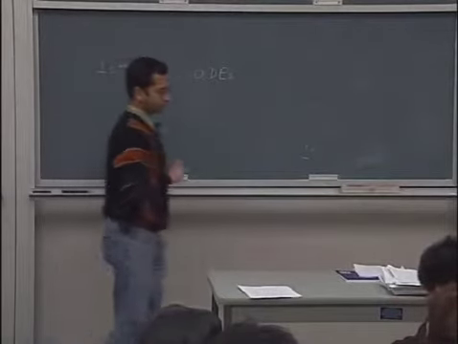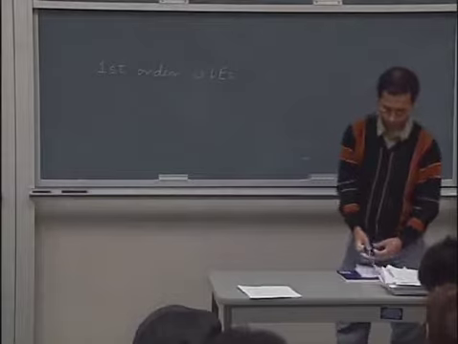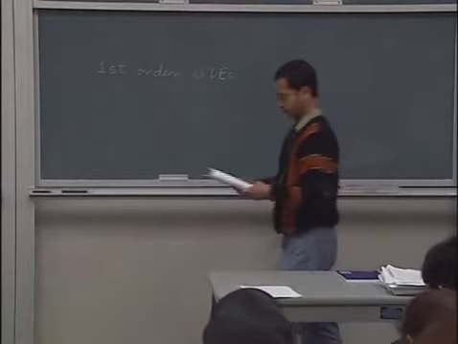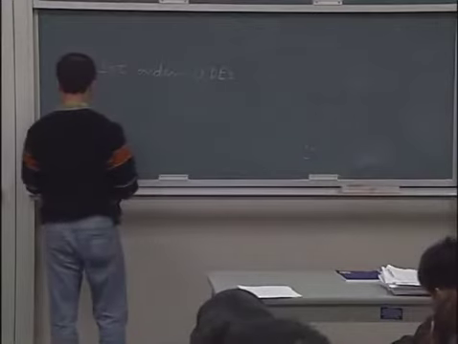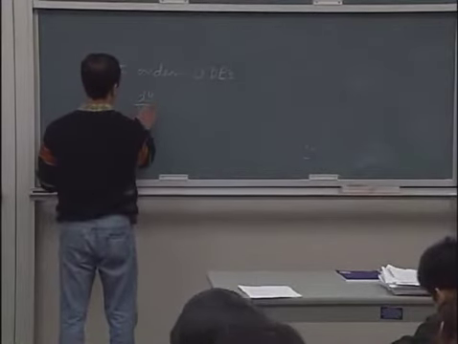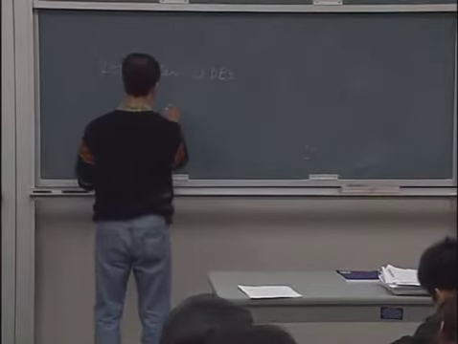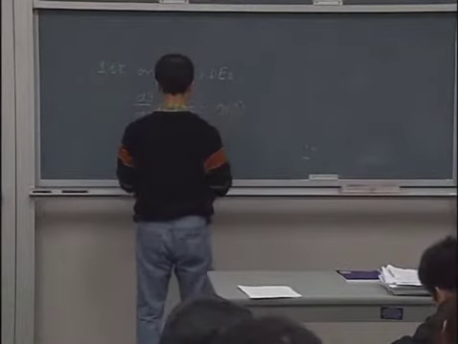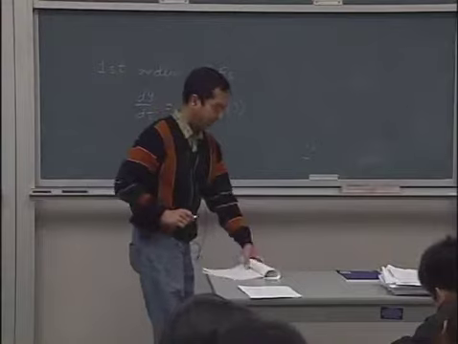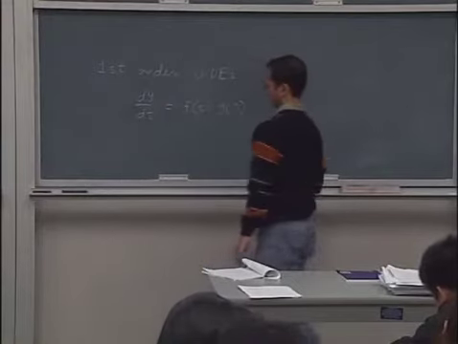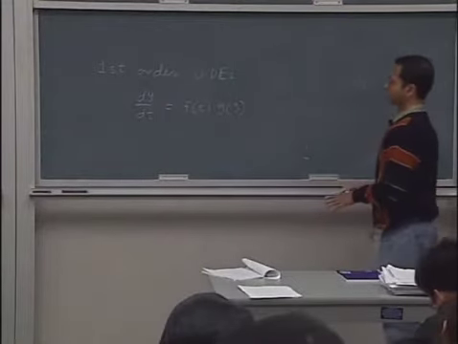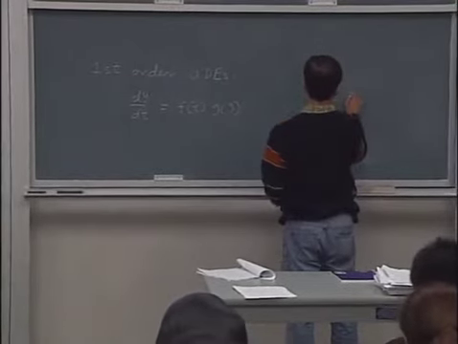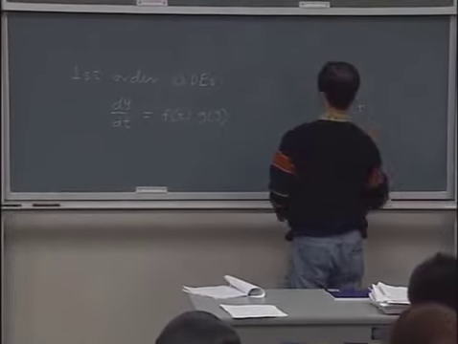In general, I can write an equation in this form, dy/dt equals f(t) g(y). This is the first order equation, and you want to solve for y as a function of time. That's what you are after.